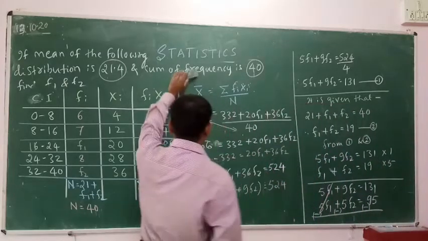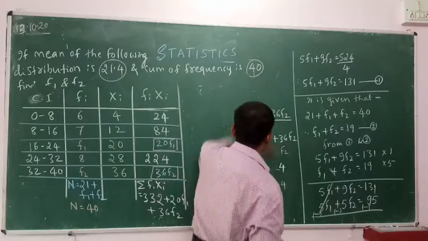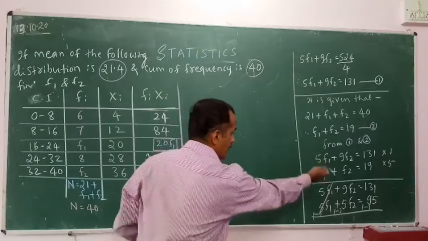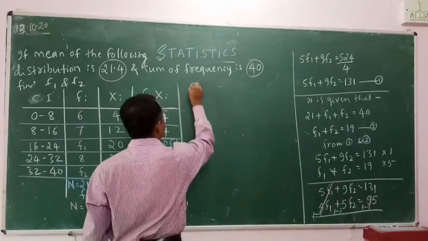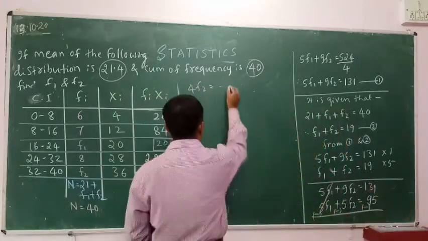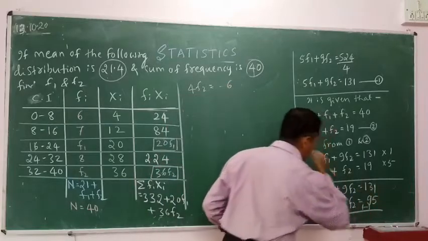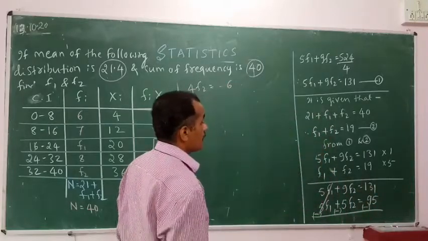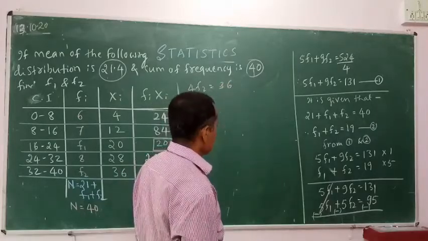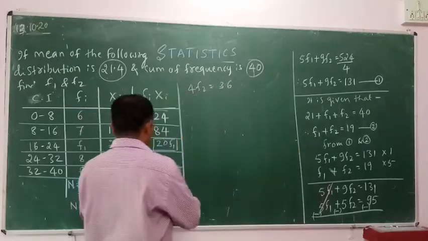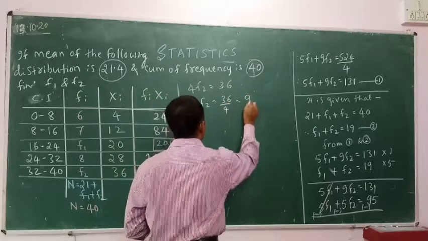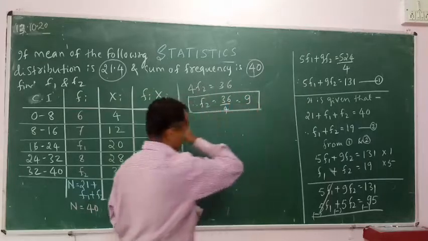That gives you 9f2 minus 5f2, which is 4f2, is equal to 131 minus 95, which is 36. Therefore, f2 is equal to 36 by 4. The answer is 9. That is the value of f2.